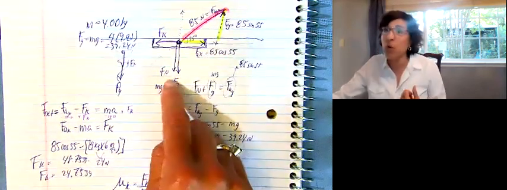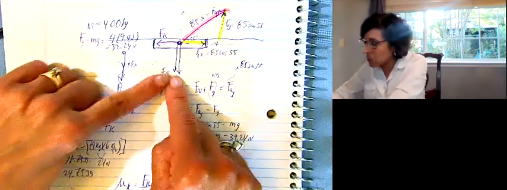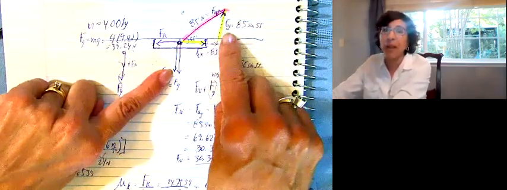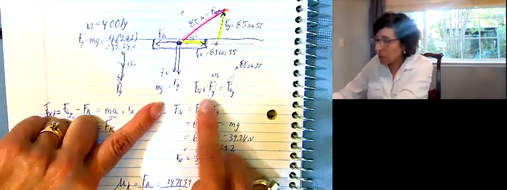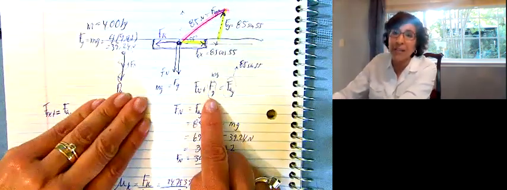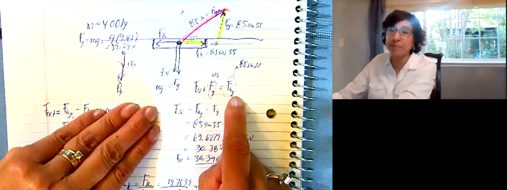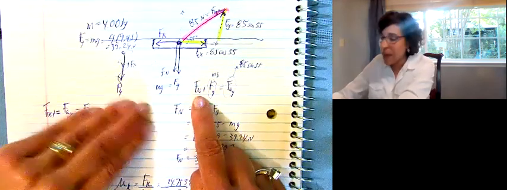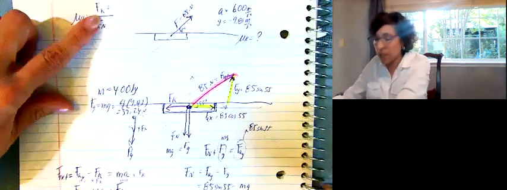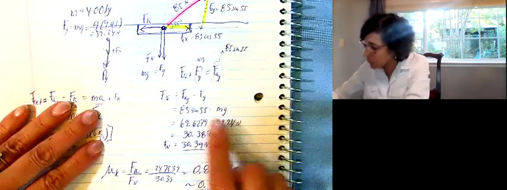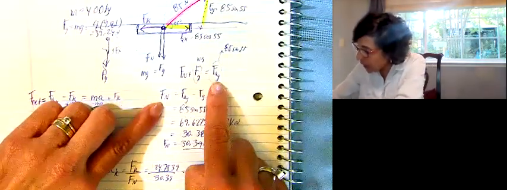So I have these 2 forces that have to equal the other one that's pointing up. So the normal force plus the force due to gravity is equal to the applied force in the y direction. I was interested in the Fn because I need the Fn to get my coefficient of friction. So I solved for Fn.